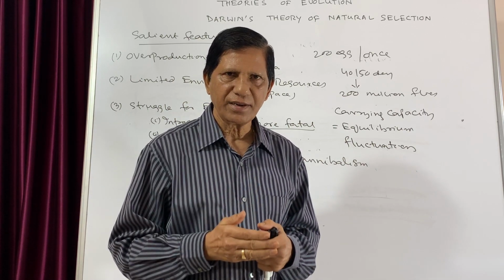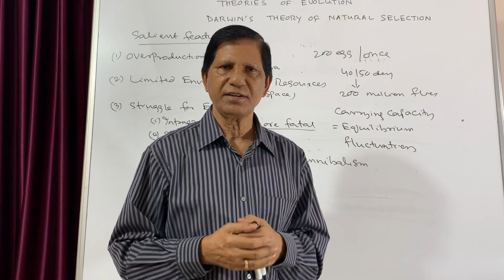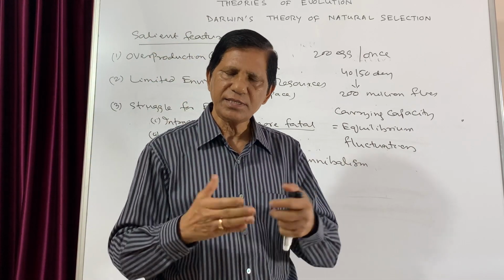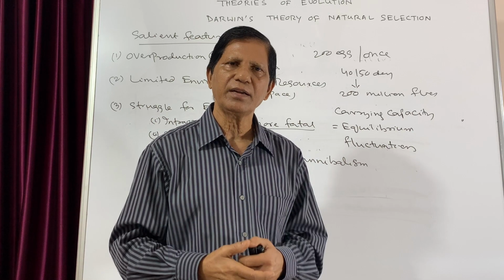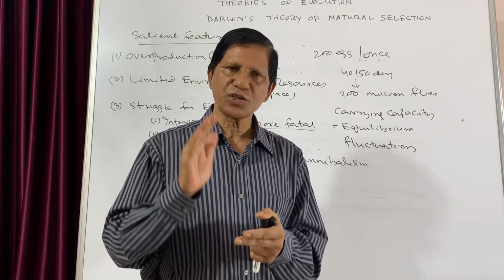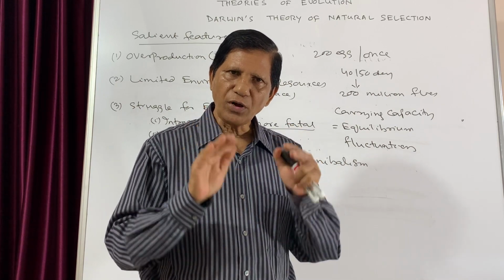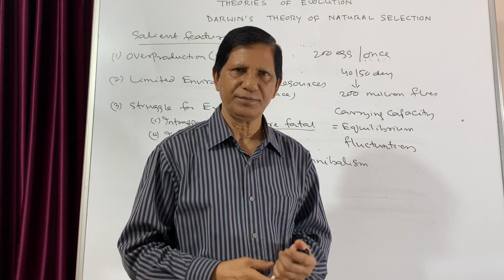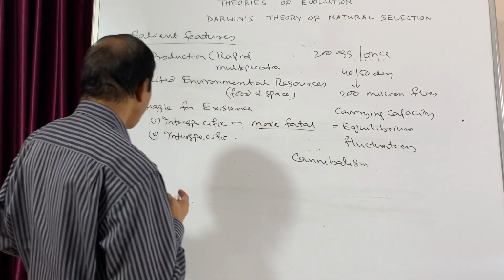A snake is trying to catch a rat, and the rat is trying to move away. This is interspecific. In interspecific competition or struggle, the lower organisms and the plants are more affected.